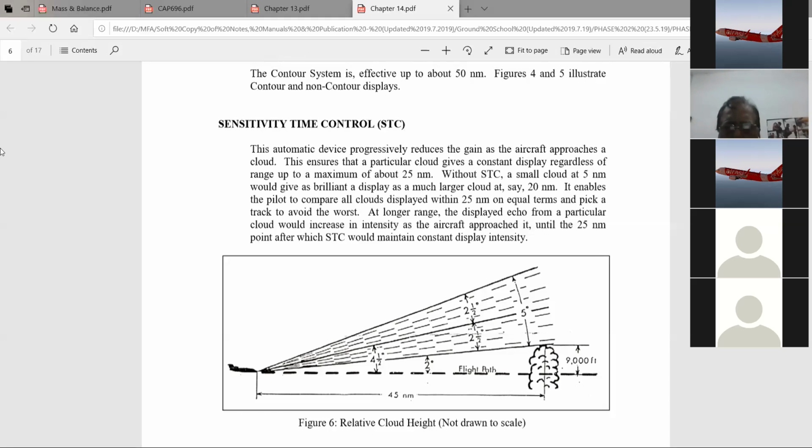Now, a question to the class. You are flying the aircraft and you are using the weather radar. The beam width is 5 degrees. The height of the top of the cloud is at your level.